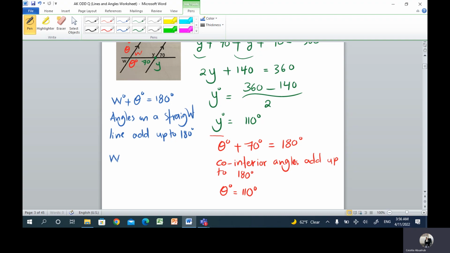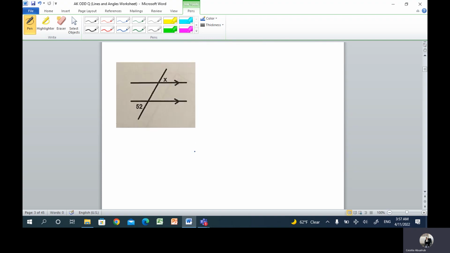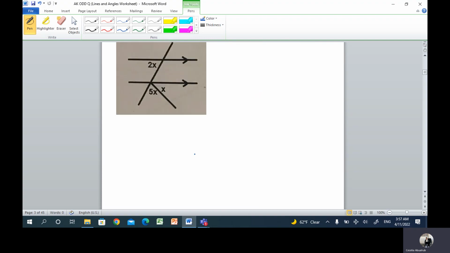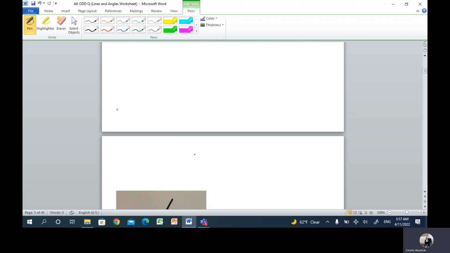Accordingly, W plus theta, which is 110, is equal to 180. Apply opposite operations. So W is 180 minus 110. It will come down to 70 degrees. Okay. We're skipping 4.